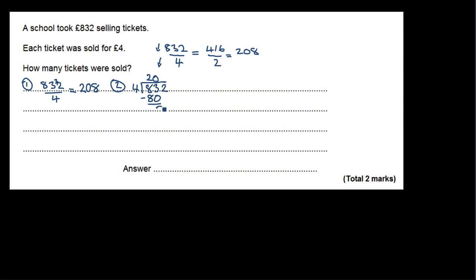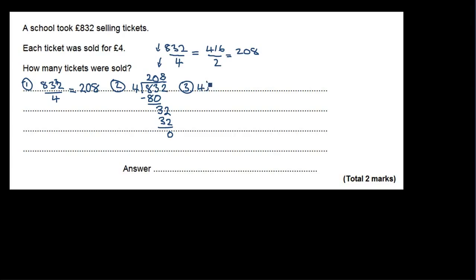Write that underneath. Subtract 80 from 83 and we end up with 3 in the tens column, so that's 30. Add the 2, 32. 32 divided by 4. Well, we can do that straight away again, so that's just 8. So we write 8 at the top. 4 times 8 is 32. Nothing left over, so 208 is the answer.